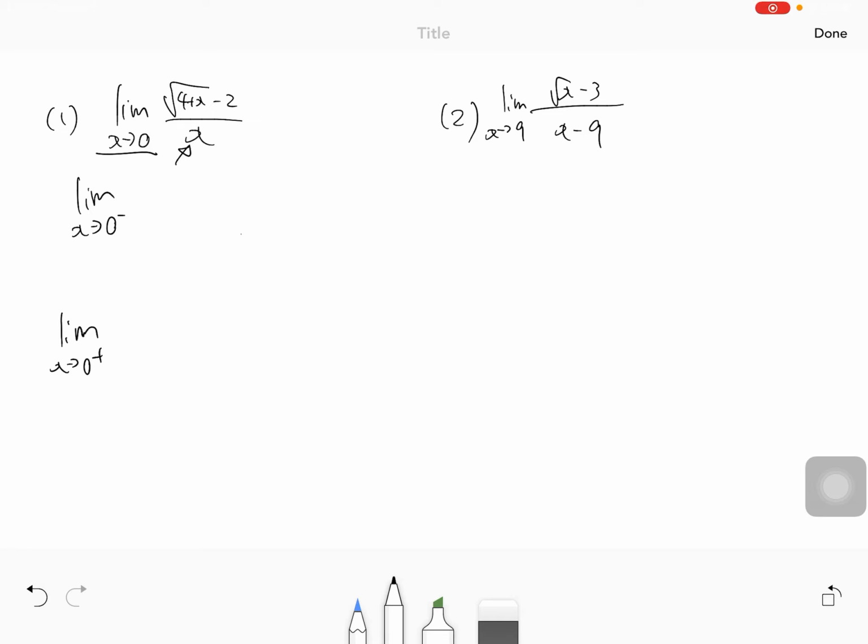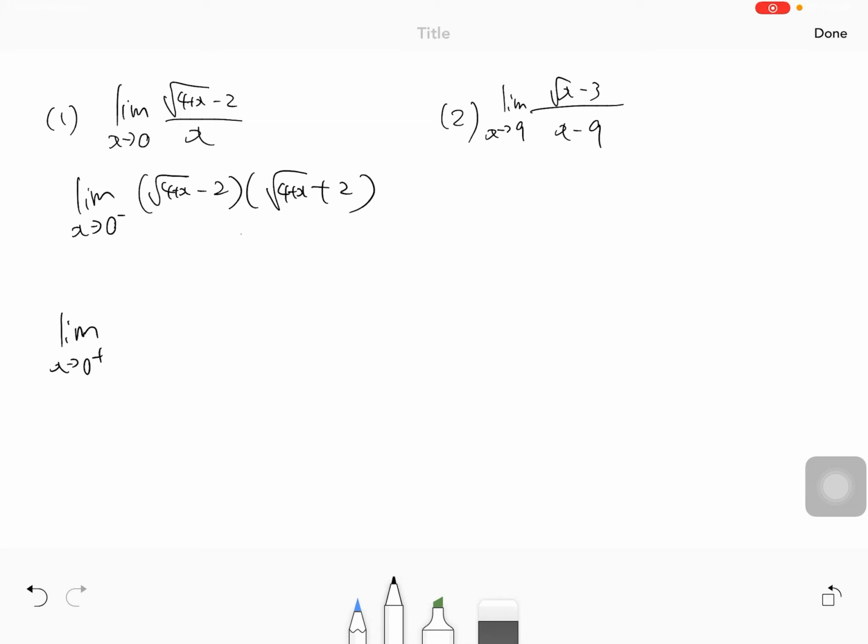Okay? So if the numerator has a square root, I mean this form, you want to multiply the conjugate of this. I mean in this case, the conjugate of square root of 4 plus x negative 2 is square root of 4 plus x plus 2.